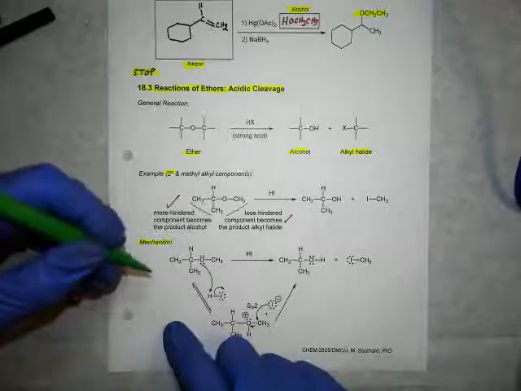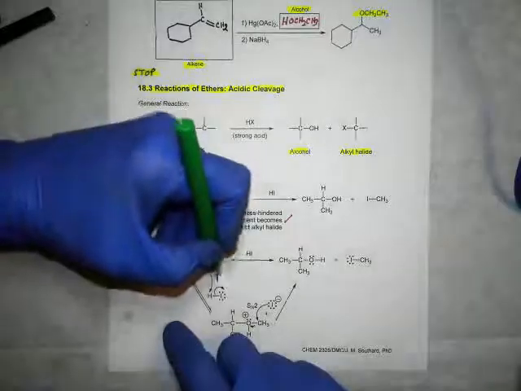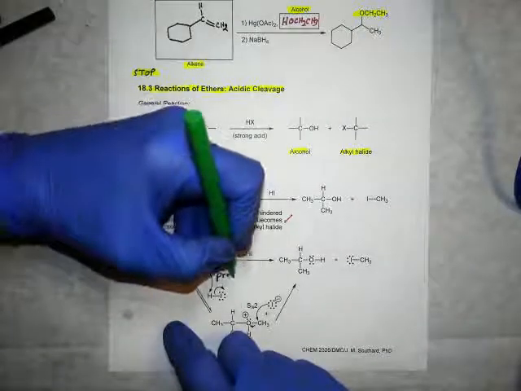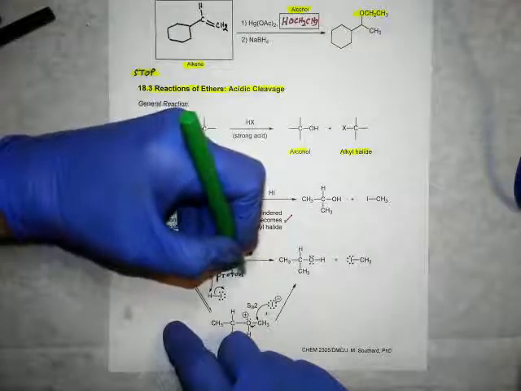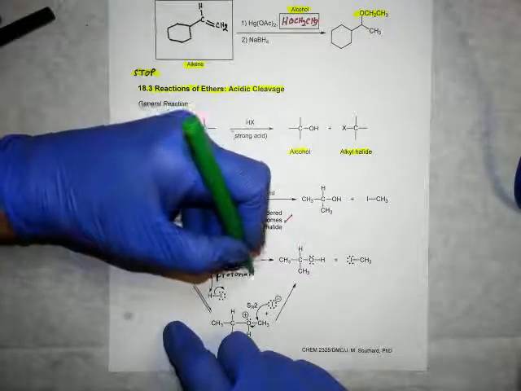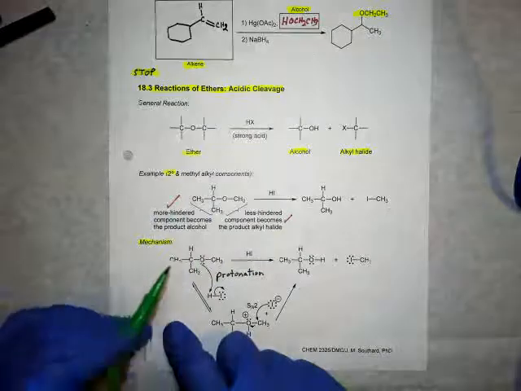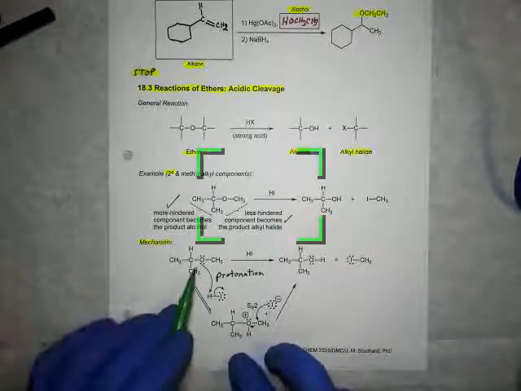This should be hydrogen iodide. The first step in this process is protonation. Now, what does protonation do? Protonation is going to turn this methoxy portion into a good leaving group. So the first step is we add a proton to the sp3 oxygen.